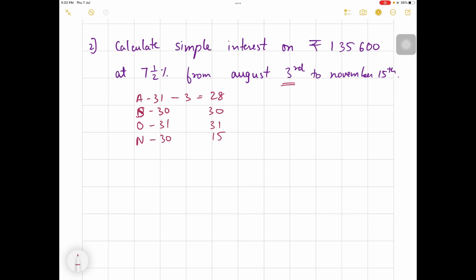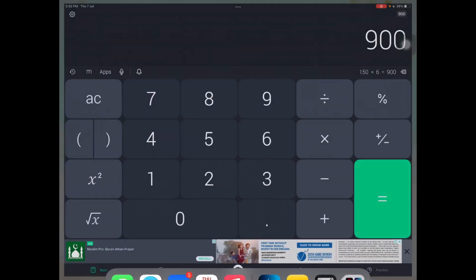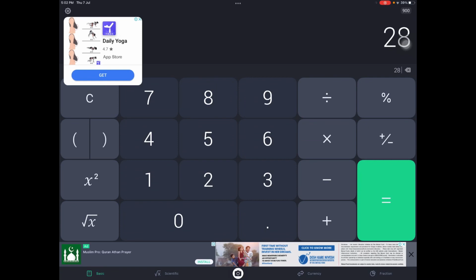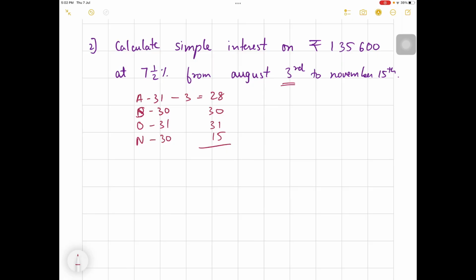So how much does this come to? 28 plus 30 plus 31 plus 15, which is 104 days.